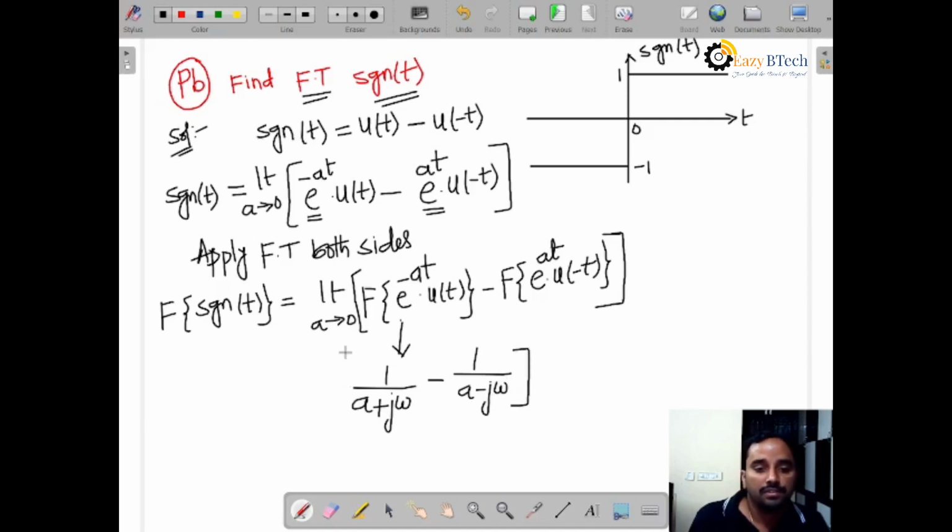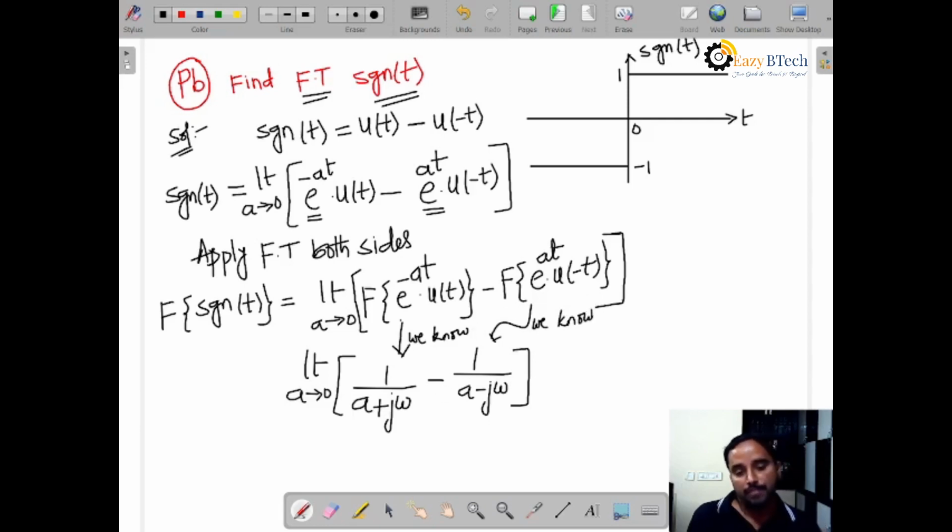So this is a step we are taking. Already we know this, and this also we know. That is why we are writing directly 1 by a plus j omega minus 1 by a minus j omega, and the limit a tends to 0 is as usual.